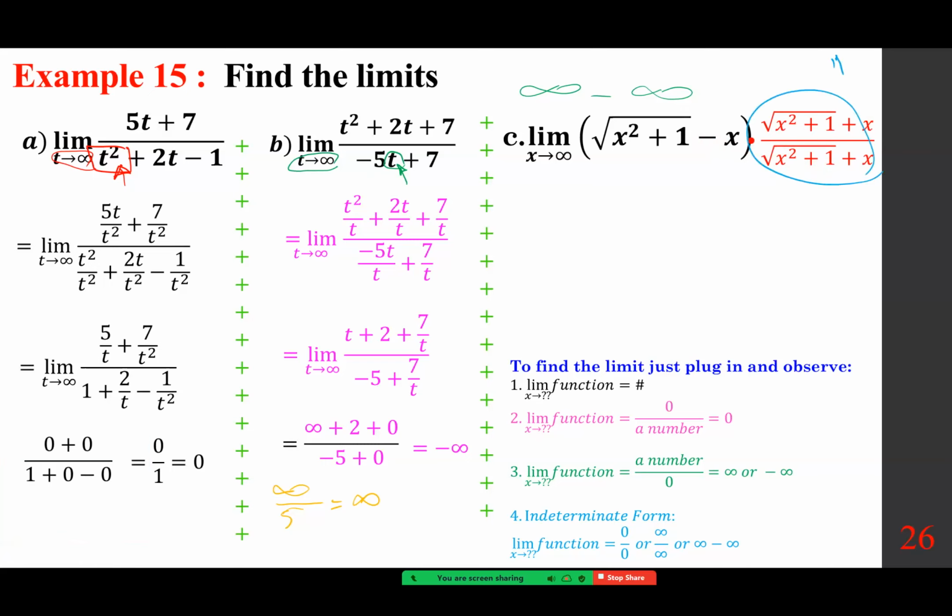And so basically, you keep the denominator, you multiply the top, you multiply these two, and it squares the first one, minus squares the second one. And this is what you get.